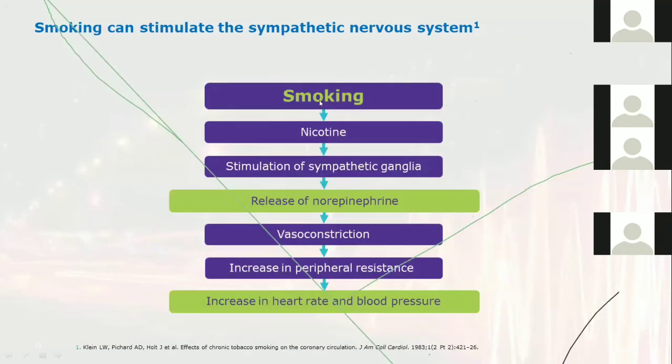And in smokers also, there is an increase in the heart rate and blood pressure, and that also augments the sympathetic nervous system. So smokers, diabetics, obese, hypertensives, all these individuals have an increased sympathetic activity, which causes all the problems to them.